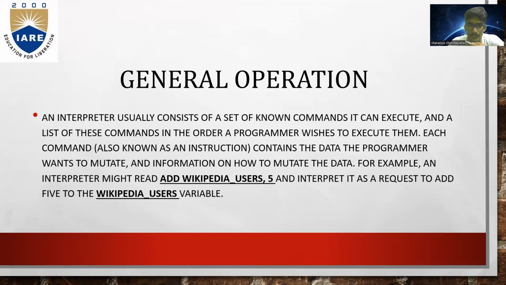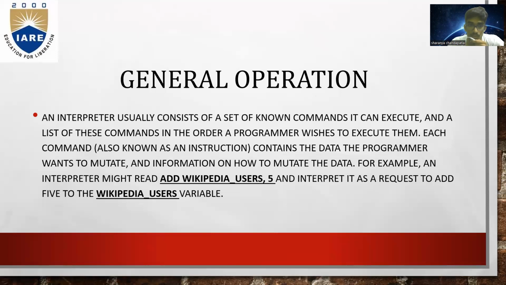So an interpreter consists of a set of known commands it can execute, and a list of these commands in the order of the programmer's wish. By the wishes of the programmer, however he gives the code, the interpreter will store the programs.